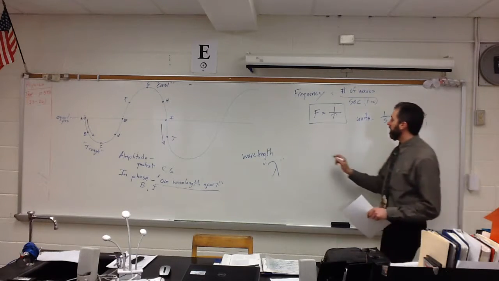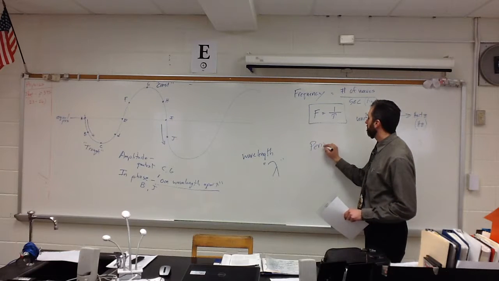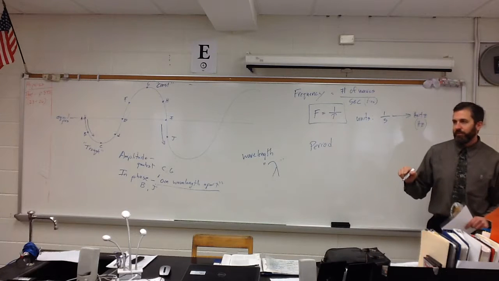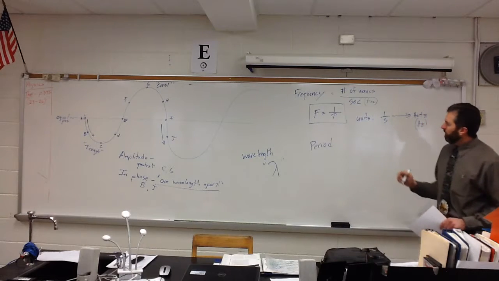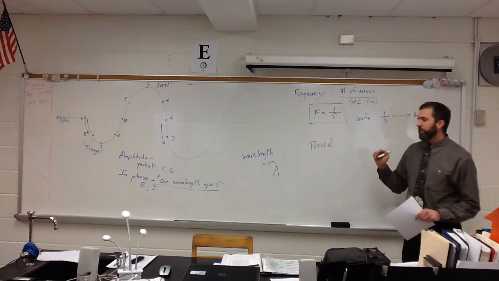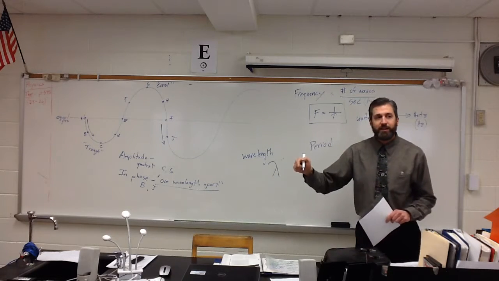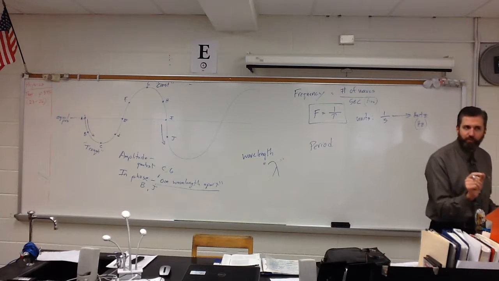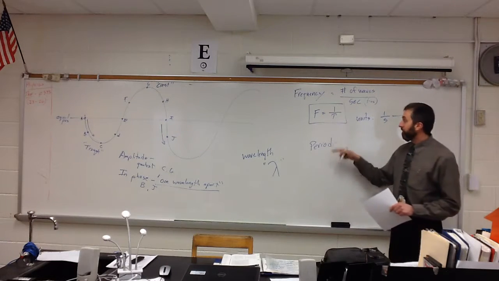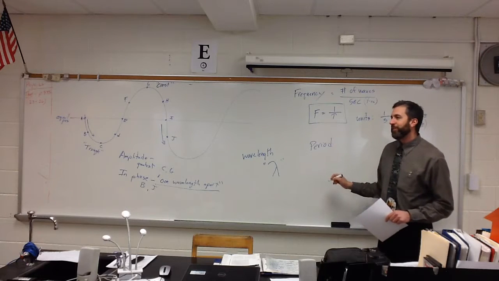And the last thing we want to talk about today is the period. The period is the time it takes for one wave to go by, which a lot of people confuse with frequency because it sounds really similar. Frequency is how often a wave goes by, and period is the time it takes for one wave to go by. So this is usually a really short amount of time. But the cool thing is, you don't have to really learn a new equation.